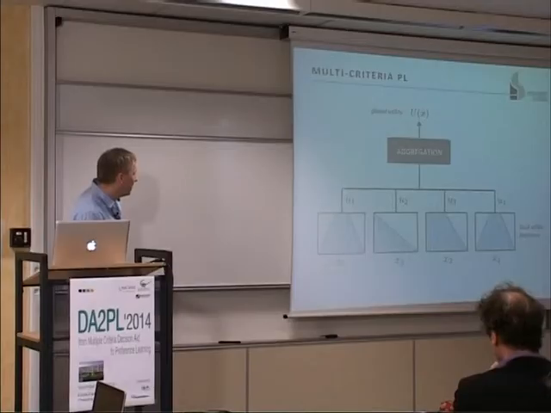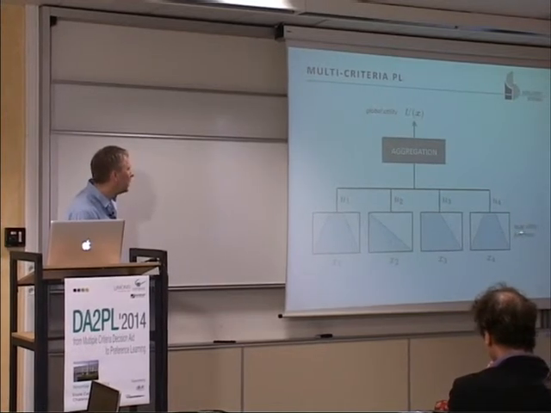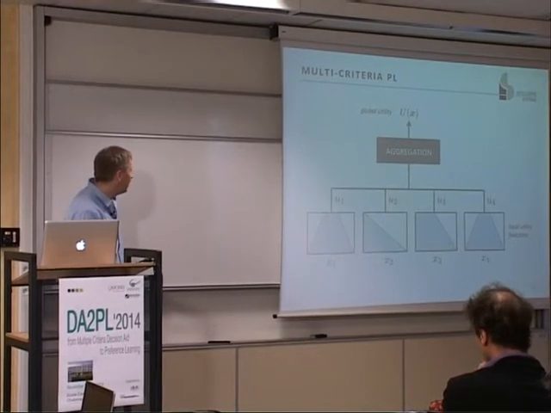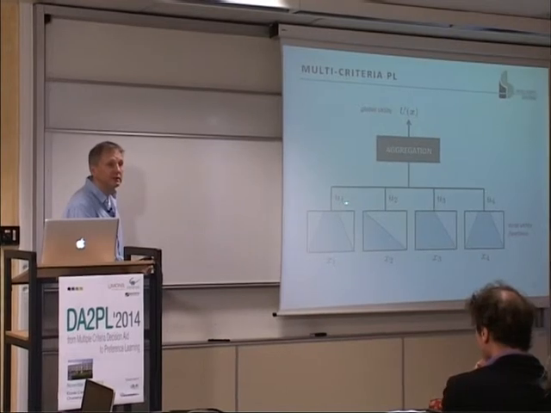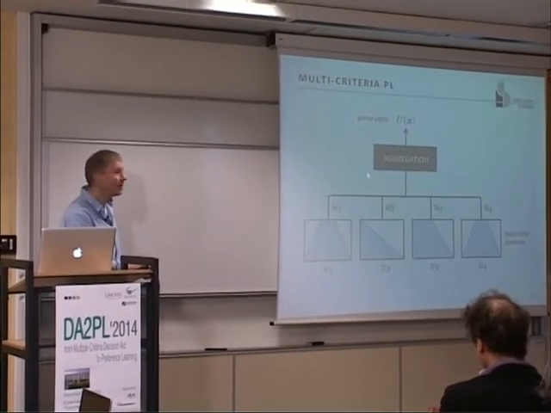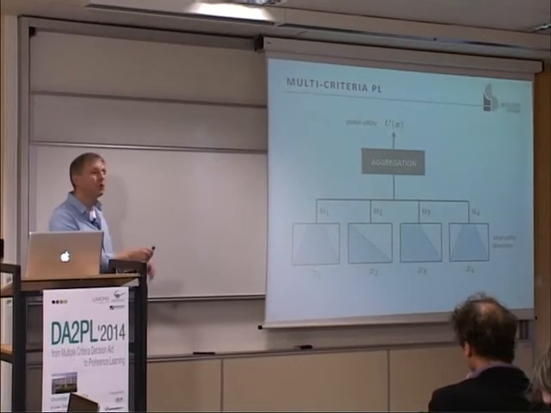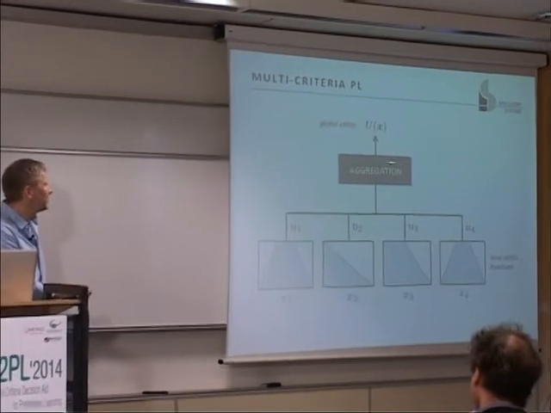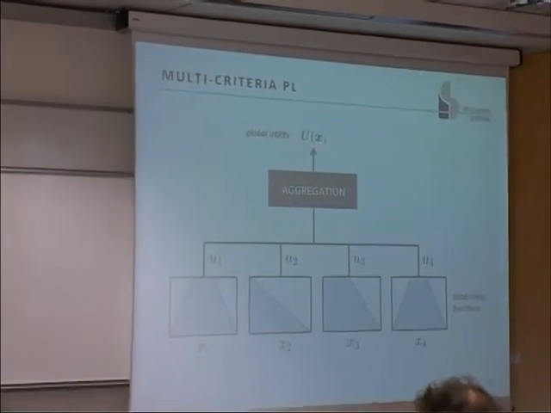In a first step, some local utility functions are defined on the different criteria, and they transform the observed values into a utility degree. And then in a second step, these utility degrees are aggregated into an overall global utility degree. Here we use the Choquet integral as an aggregation function.